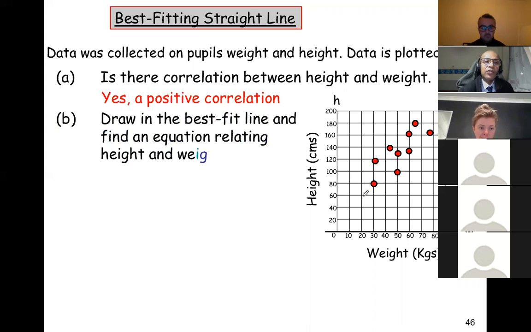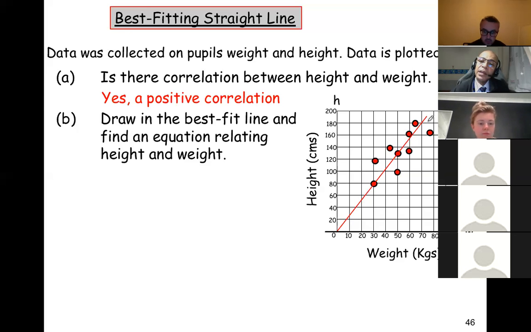The next question they might ask us is to draw in the best fit line and find an equation relating height and weight. What we've done here is put a line, and as you can see, we've put some points above the line and some points below the line, and we've managed to go through a couple of points.